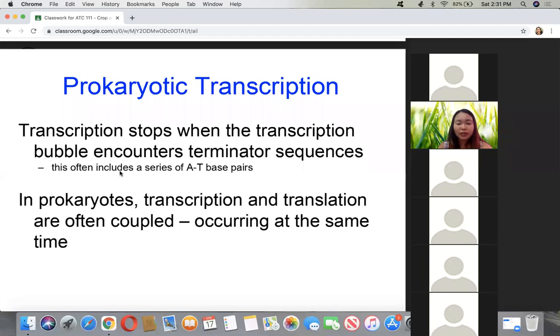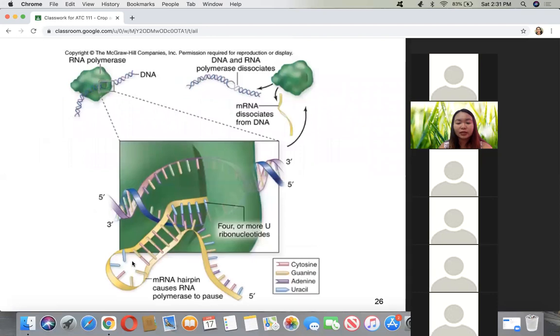So includes usually 80 base pairs. And in prokaryotes, transcription and translation are often coupled, occurring at the same time. So doble-doble siya at the same time. So this is again another figure to show you RNA polymerase, and when DNA and RNA polymerase dissociates.